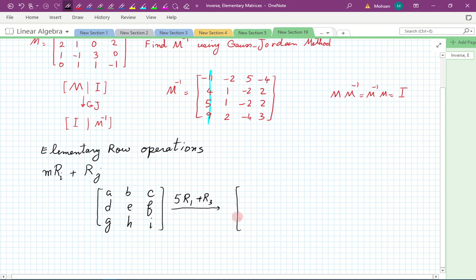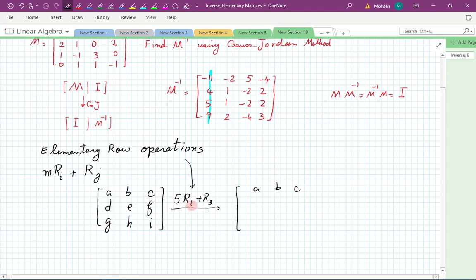What comes out? So this is an elementary row operation. This is an example of an elementary row operation. The most important of the operations is actually that one: multiply a row and add to another one, which was creating zeros for us. So 5 times row 1. I take 5 times each of these things, and then I have to add it to the third row. So the first row stays as it is.